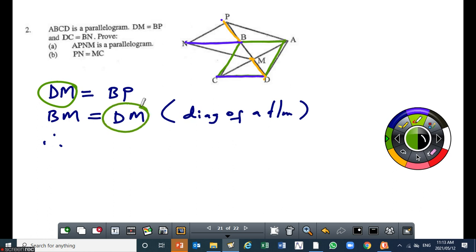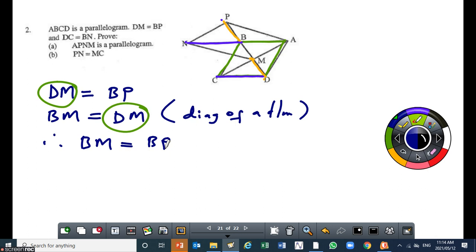It therefore means that BP is equal to BM. So I can say, therefore, BM is equal to BP. I'm almost halfway now. 50% of the job is done.